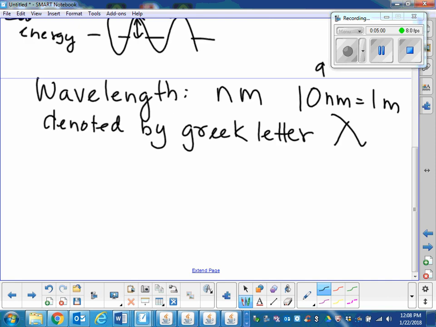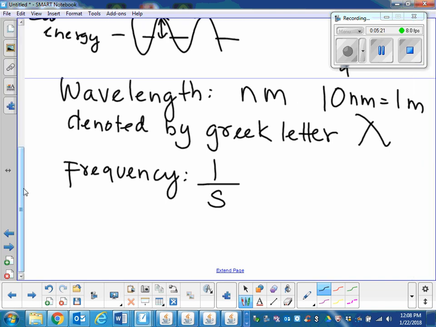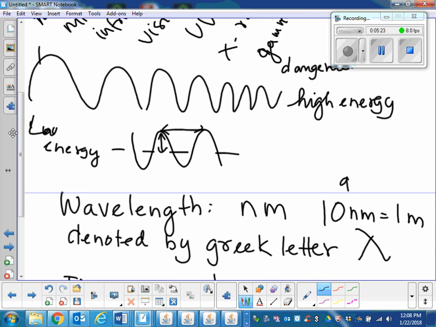The next thing you should know is what is frequency. Frequency means how often something happens, how frequent it is. It's measured in units per second. So if you were standing here, as you're standing here, how many waves pass you? Does that make sense?